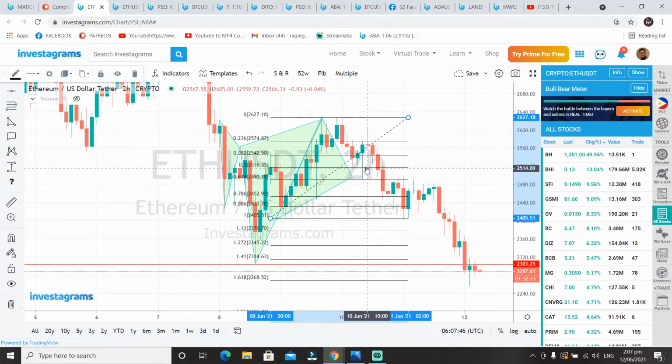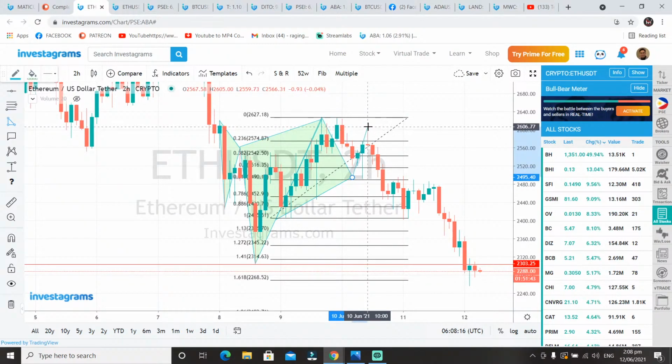Actually, I'm going to teach you about this 50% level next time. If it didn't actually hit 61, we still have another one. This is called a bat pattern. X, A, B, then B is around 50% to less than 61%, so it's valid. Then from B to C, it shouldn't touch level A, so that's already okay.